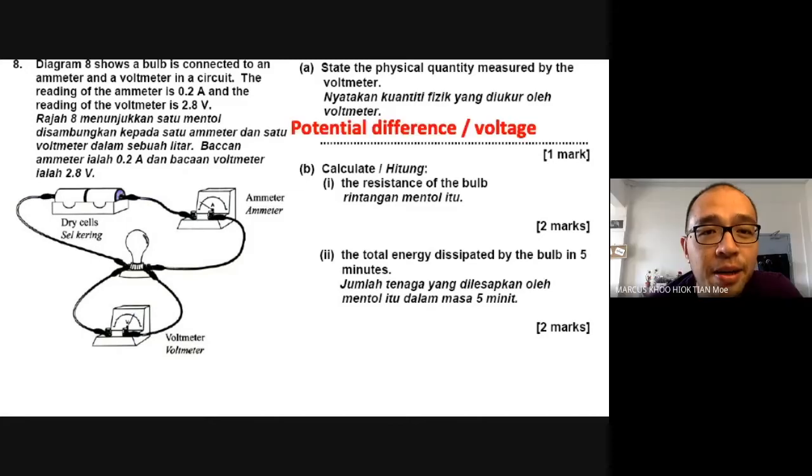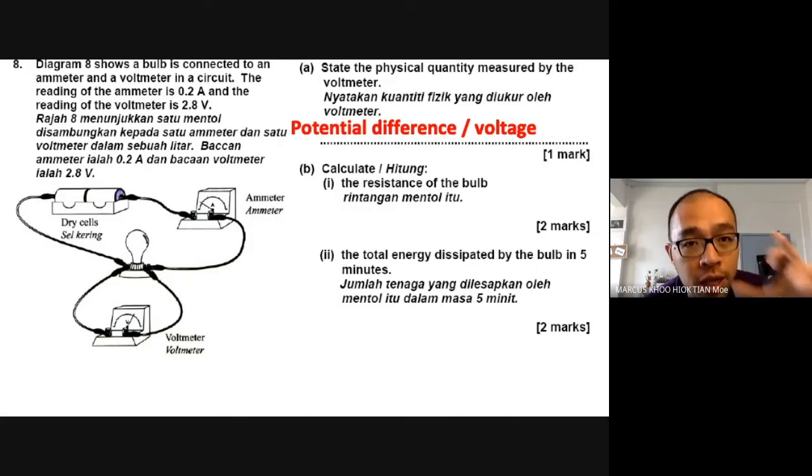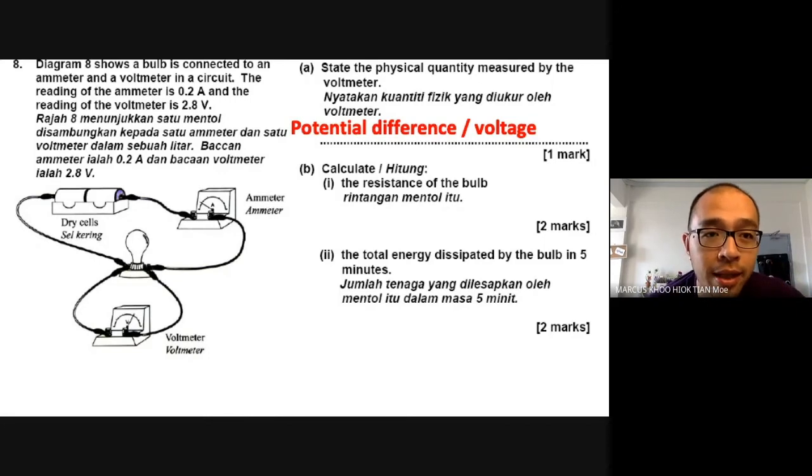Voltage, or potential difference, okay. If the current is switched off, then it is electromotive force, the potential difference reading when there is no current. But currently there is a current flowing over here, so please know that this is voltage, potential difference.